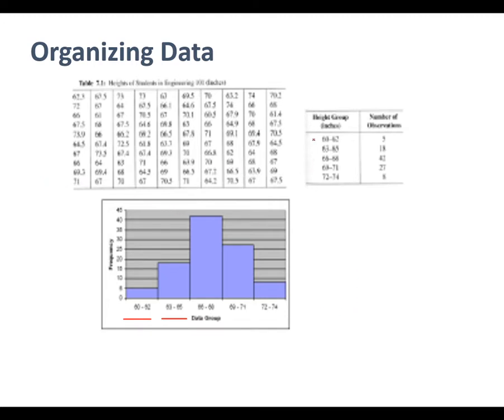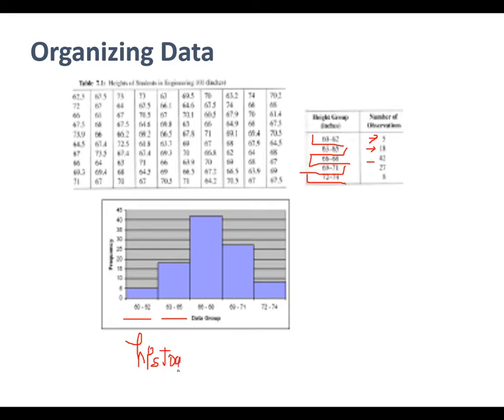So what we did is that we start counting. We take ranges from 60 to 62, 63 to 65, 65 to 68, 68 to 70, 70 to 74. So here we have ranges that should be equal, and we simply go ahead and count how many observations. And we create this very, very famous statistical curve that we call a histogram.